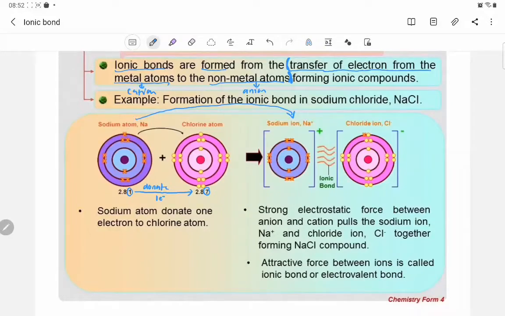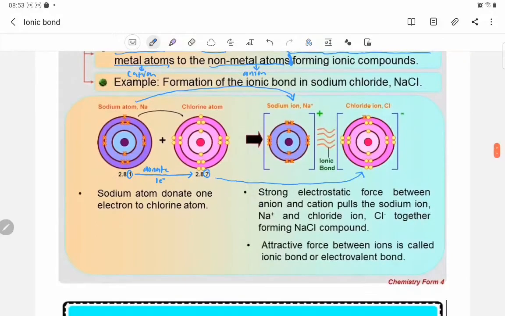Okay, sodium ion. And after chlorine atom receives 1 electron, it will form chloride ion. So the electron arrangement for sodium ion, of course, is a little bit different from the sodium atom because it decreases 1 electron. So we will write here 2.8.